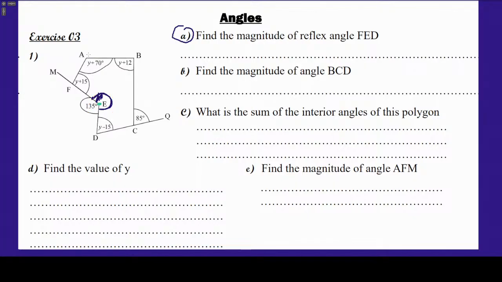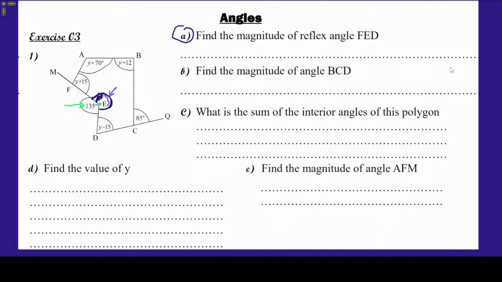So look at this green color point. How many angles do you see around the green color point? There are two angles. One is this 135 degree angle, and the other one is the angle which I have colored in blue, the reflex angle FED. So how to find the reflex angle FED's value then?